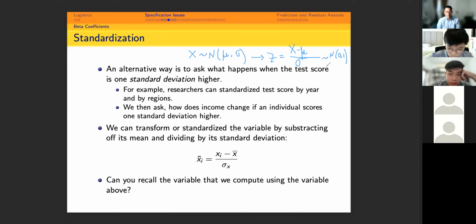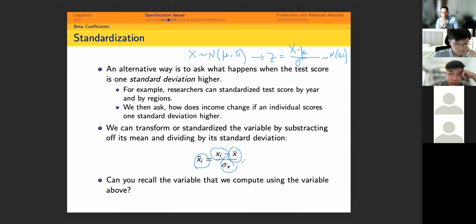And we can actually do standardization for the variables in our regression. For example, xi tilde is a standardized variable of x. So basically, to get standardized x, we have to subtract the mean from x and then divide it by the standard deviation.